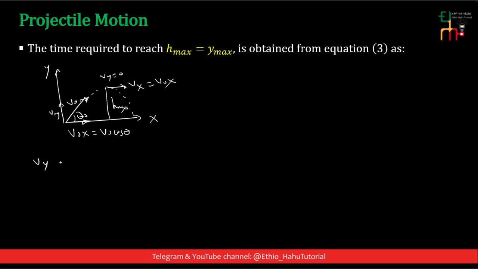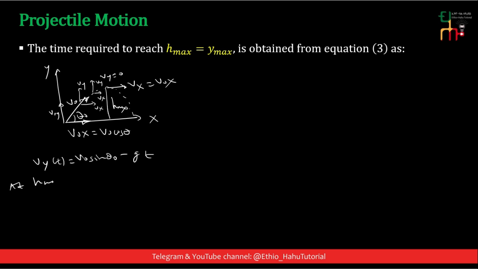Vy at any instant of time is equal to V naught sine theta naught minus g times t. This is the velocity of the projectile at any instant of time along the y direction, because at every point we have Vx and Vy. At the maximum height, at Hmax or Ymax, the y component of the velocity is 0.